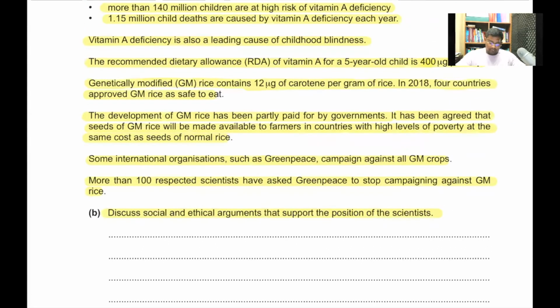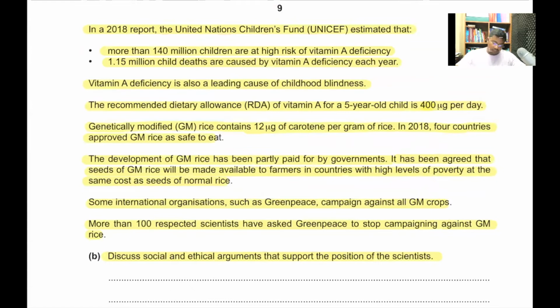So basically, if we do the math, 400 micrograms of vitamin A is needed by a 5-year-old child every day. So with 12 micrograms of carotene per gram of rice, for this particular child the dietary allowance of vitamin A in one day can be easily met with 30 to 34 grams of genetically modified rice.